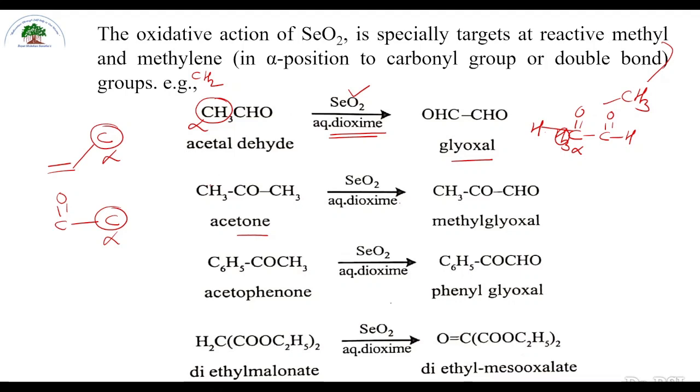Here also there are two alpha positions, but when we use an equivalent quantity of selenium dioxide, it converts one alpha carbon into an aldehyde group. Similarly, acetophenone is converted into phenyl glyoxal and diethyl malonate is converted into diethyl mesoxalate.